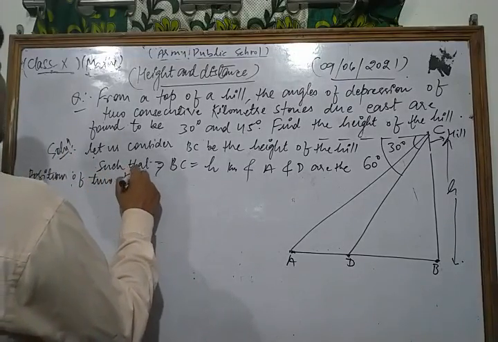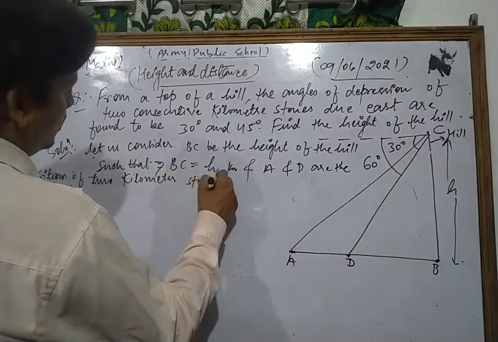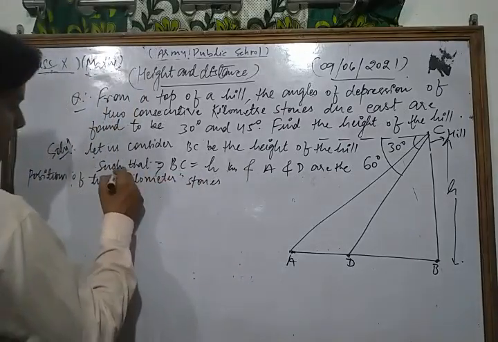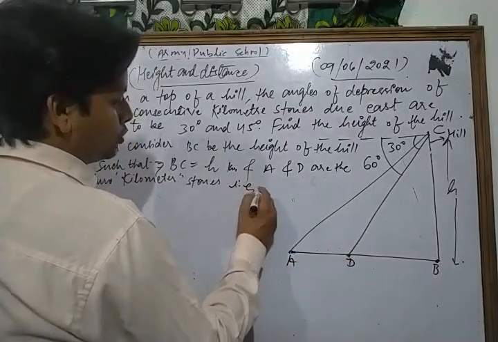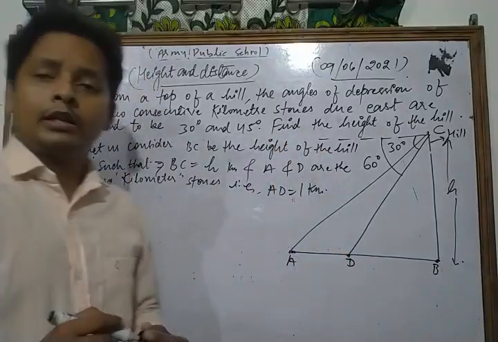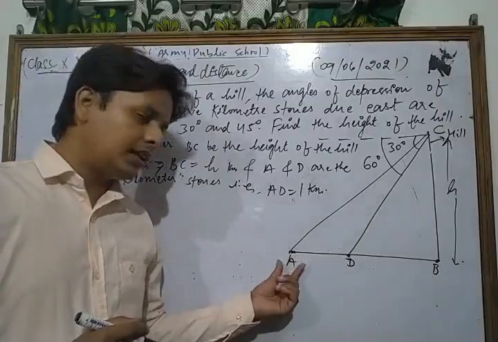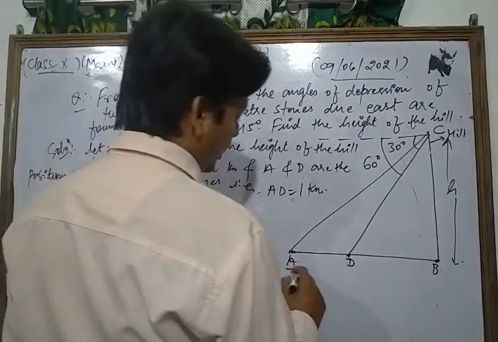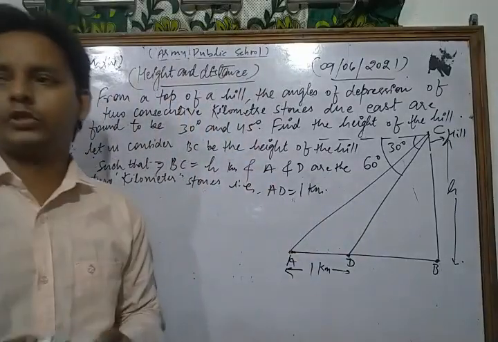The position of two kilometer stones means that the distance between these two stones is what? 1 kilometer.